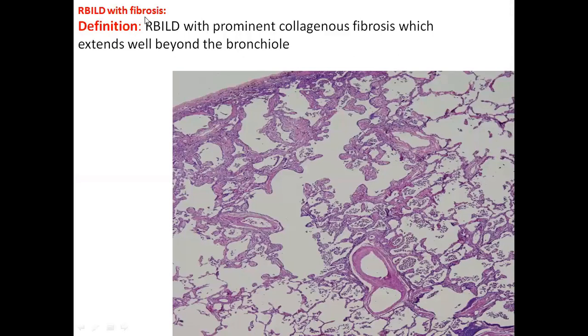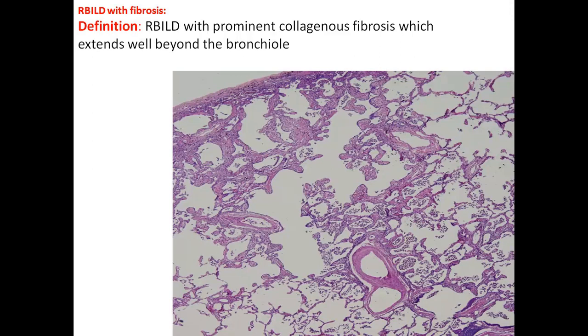Discussing RBILD with fibrosis. As we discussed, respiratory bronchiolitis is the presence of smokers' macrophages or pigmented macrophages in the alveoli, alveolar ducts, or respiratory bronchioles, while interstitial lung disease here indicates chronic inflammation in the interstitium of the lung parenchyma, and when there is fibrosis, we term it as with fibrosis.